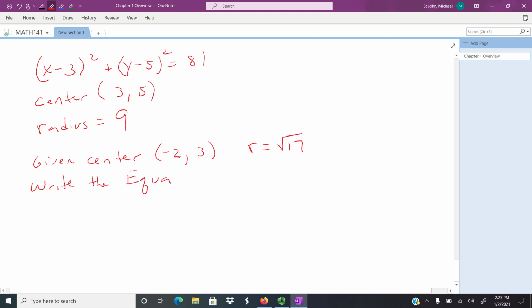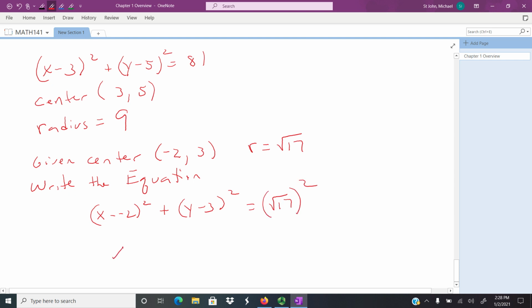Here we would have (x minus (minus 2)) squared plus (y minus 3) squared equals the square root of 17, squared.